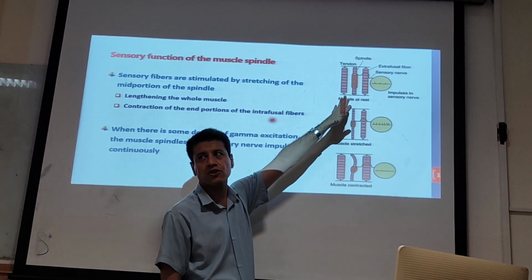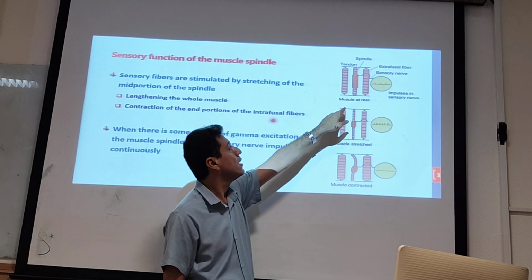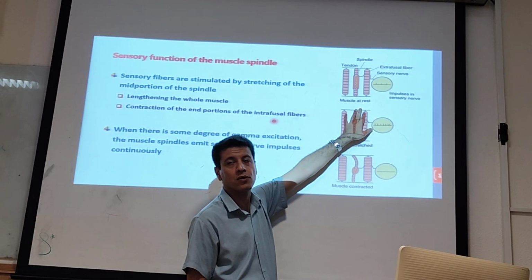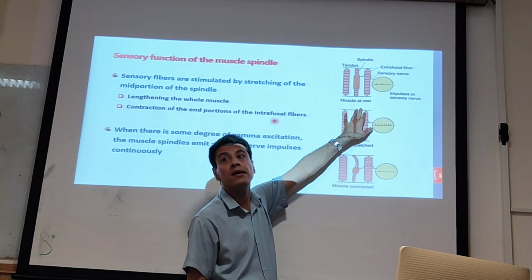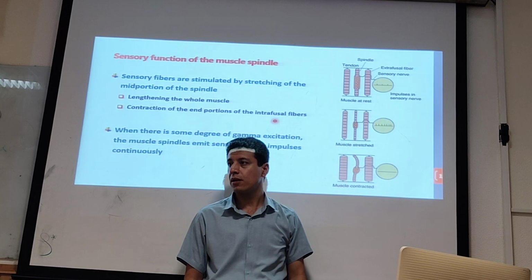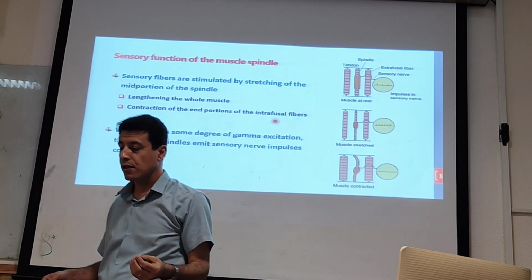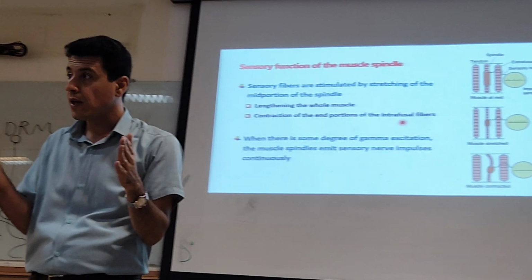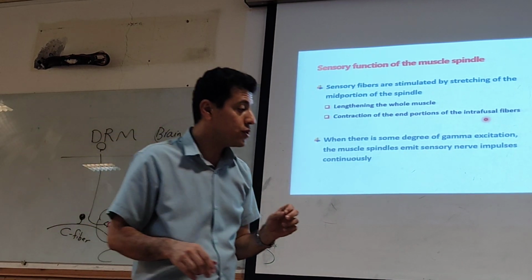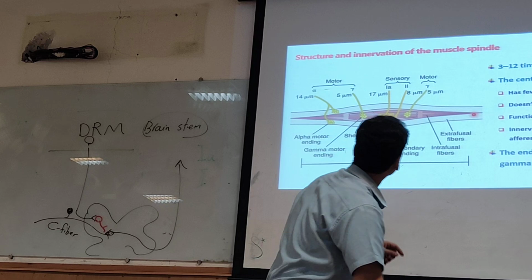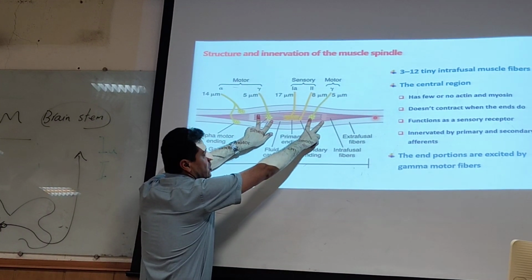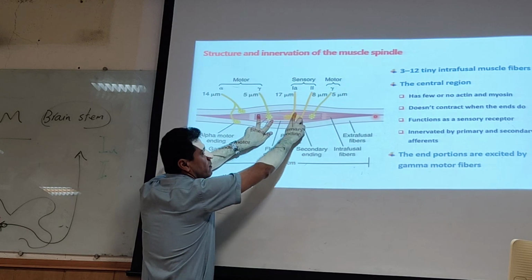So if we measure action potentials in the 1A fiber, we can see that when the muscle is at rest, when there is no contraction, or when there is no stretch of the muscle, we have some action potentials. Why does this happen? Because the muscle is at rest, but gamma motor neurons are active. Gamma motor neurons cause contraction of the two sides. Contraction of the sides causes a stretch of the middle part.